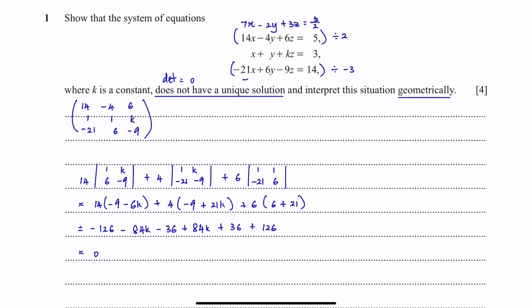You will get 7x minus 2y plus 3z equals -14 over 3. So you can see that these two equations are similar. They are just scalar multiples of each other. So you can say that these two planes are parallel.